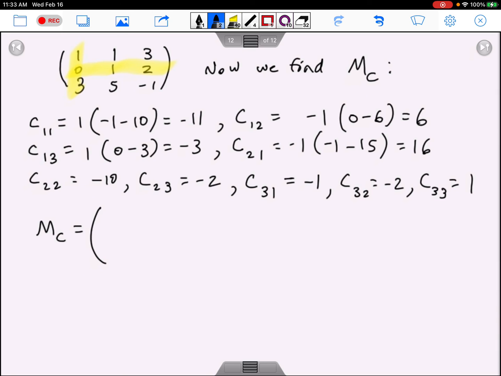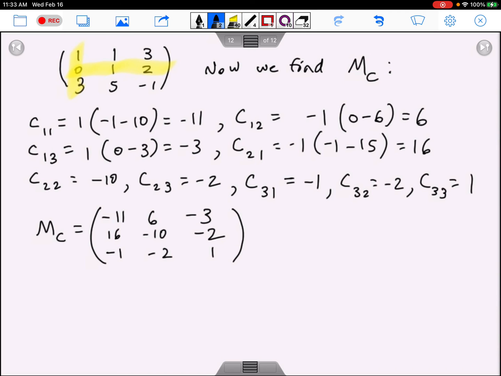Just put all those numbers that we found into a matrix. Negative 11, 6, negative 3, 16, negative 10, negative 2, and negative 1, negative 2, and 1.